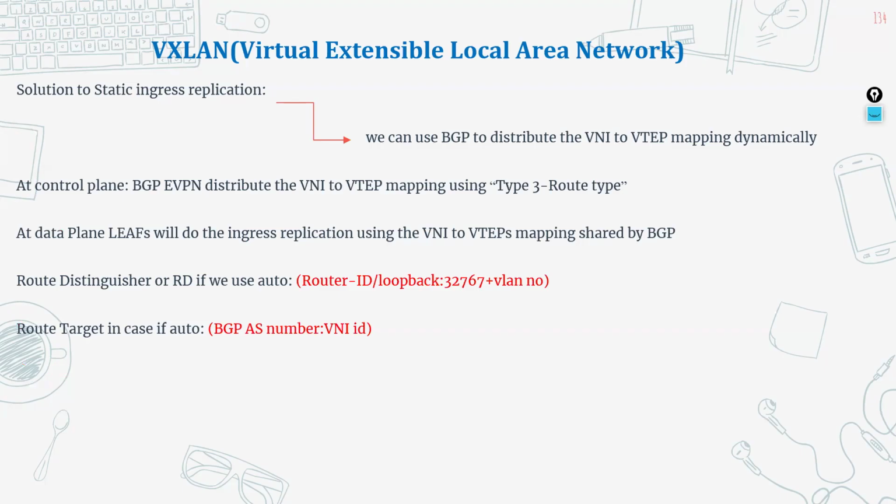And at the data plane level, the leaf or the VTEPs are going to perform the ingress replication using the VNI to VTEP mapping that they received with the help of BGP.